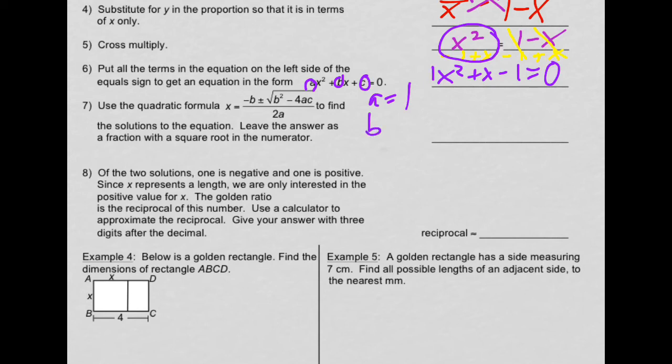And then b also equals 1, because that's the number in front of the x, right? And then c is negative 1 right here, so c equals negative 1.